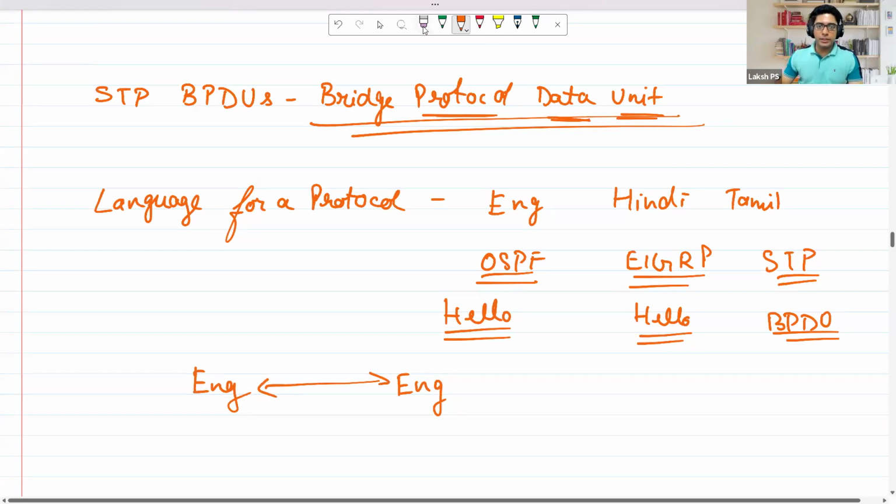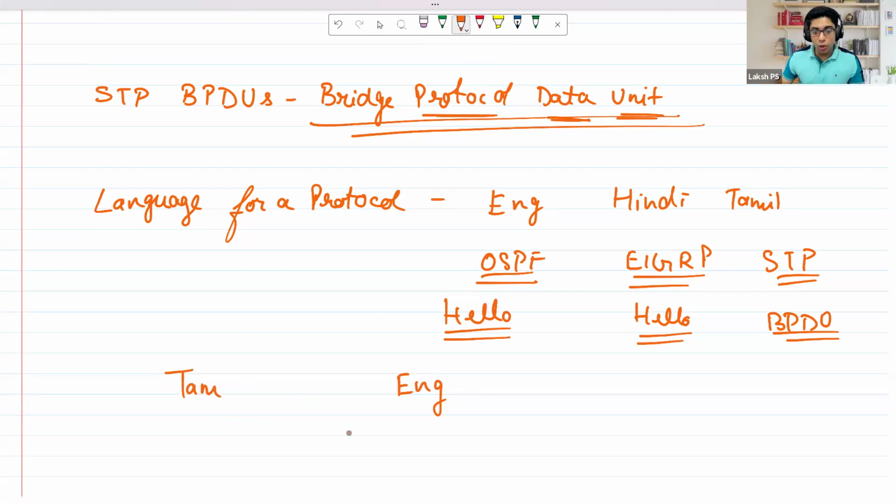Right. Now, imagine if I speak Tamil and I try to share some information with you, where you can only understand English. Similarly, you are speaking in English, but I can understand only Tamil.